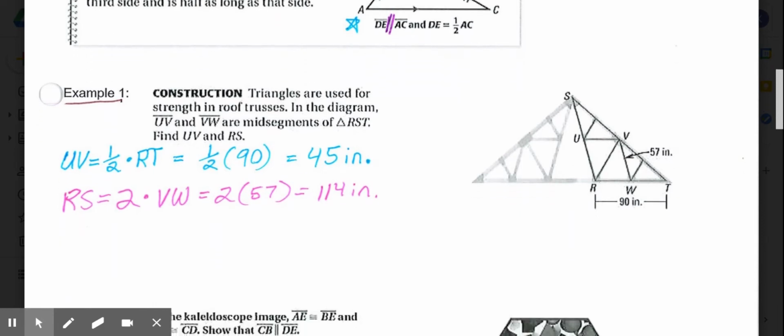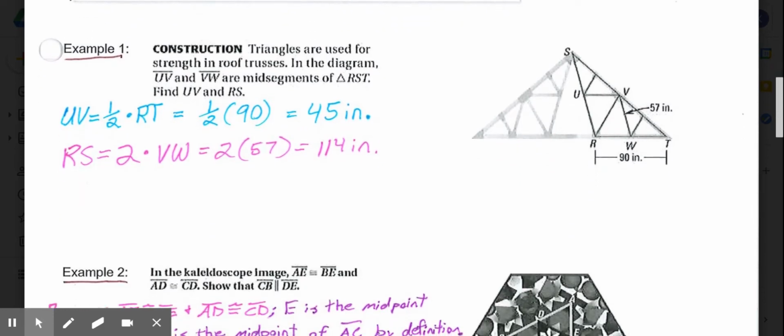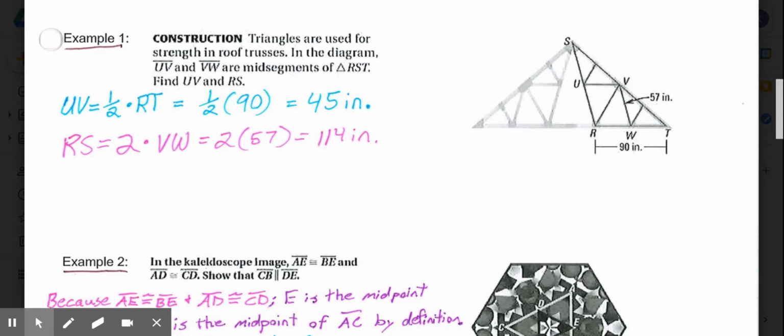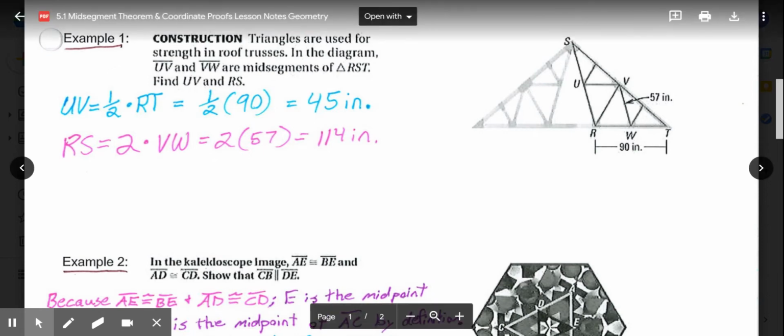So now let's look at that midsegment theorem in a couple scenarios. Example one is dealing with construction. It says triangles are used for strength in roof trusses. In the diagram, UV and VW are midsegments of triangle RST. Find the distance of U to V and the distance from R to S. First, I'm looking at the big triangle RST.